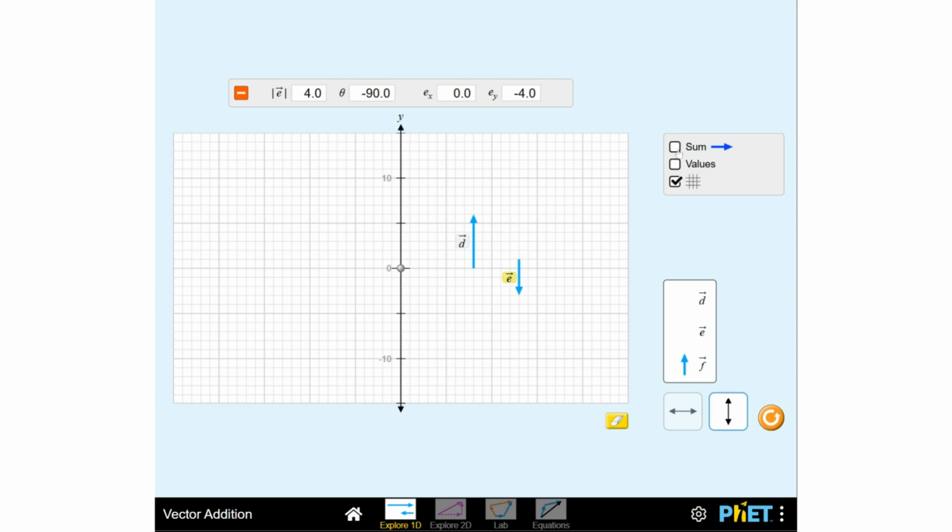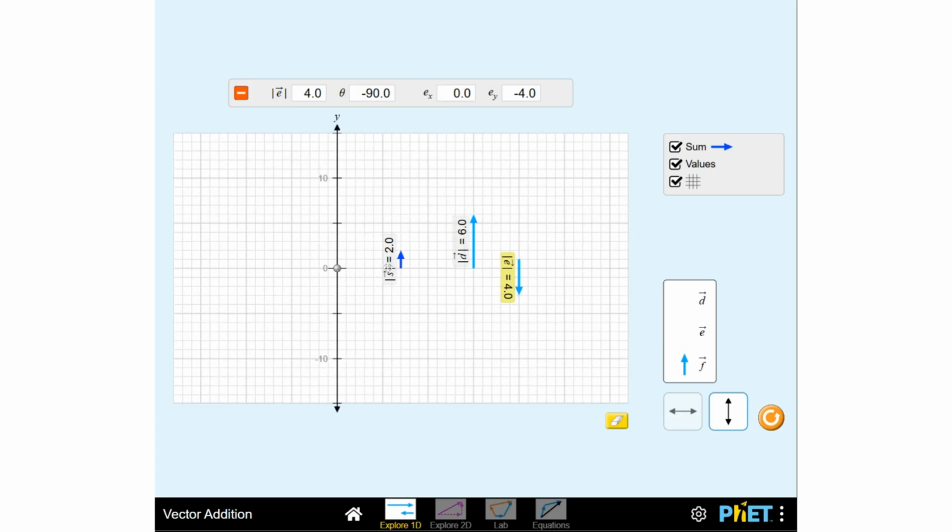I'm clicking sum, and your answer for your sum, here it is, should be 2 newtons, and it's going north because the vector with the larger magnitude is also going north.